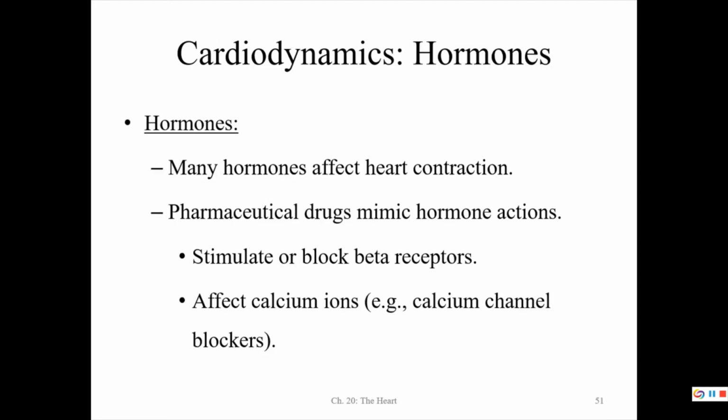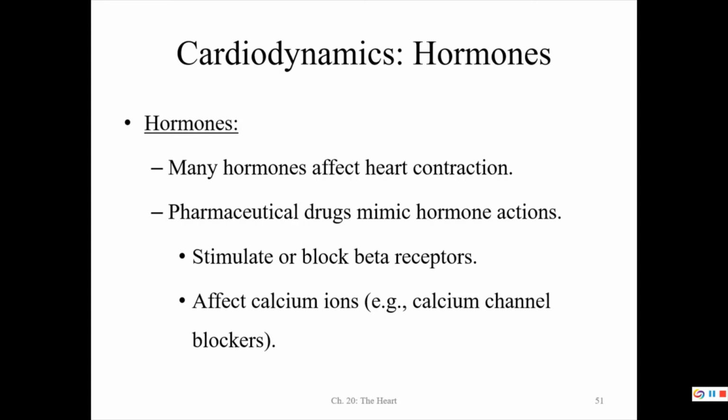Hormones, loads of hormones can affect things like your epinephrine, norepinephrine, thyroid hormones, things like this. So sometimes what we do is we find drugs that mimic them or block them. We can stimulate or block a beta receptor with pharmaceutical drugs, or we can affect ion channels like calcium channel blockers to affect contractility.